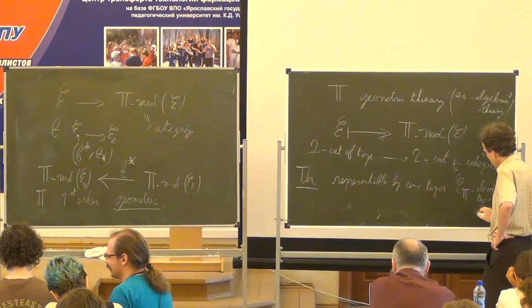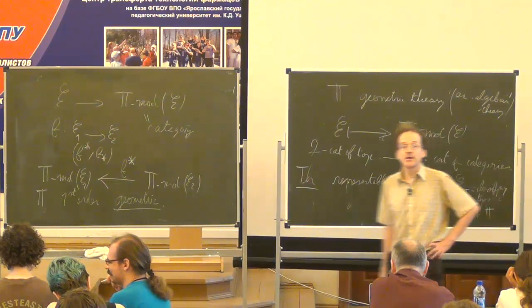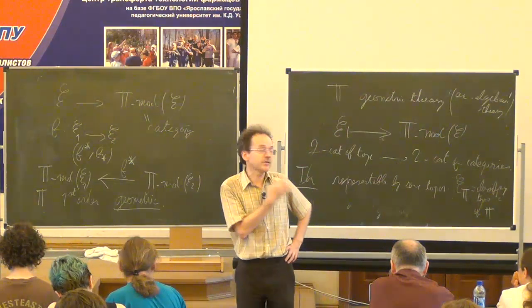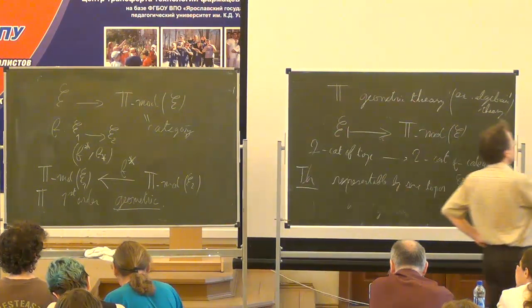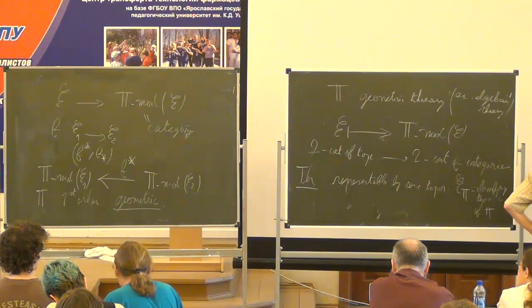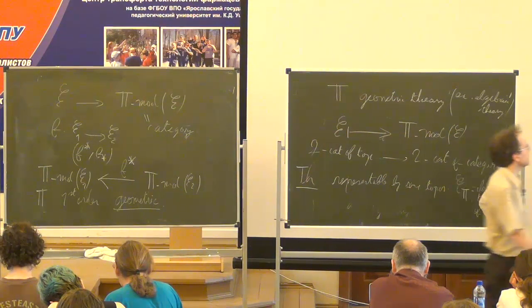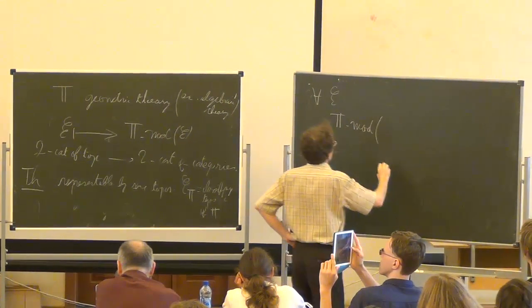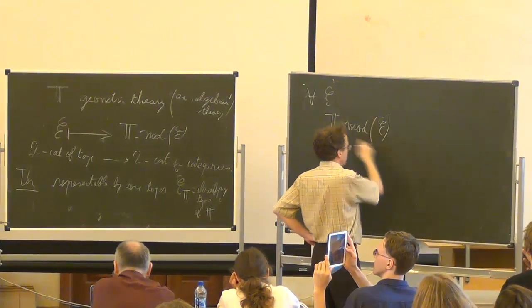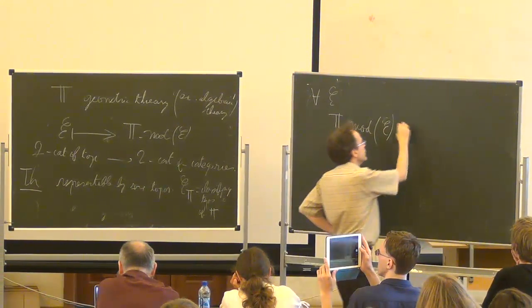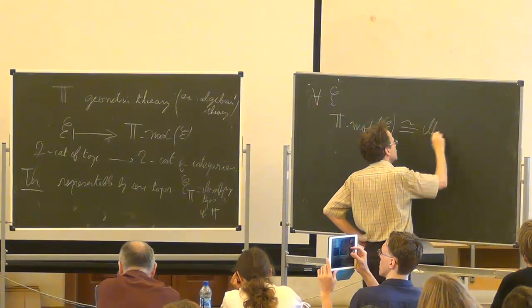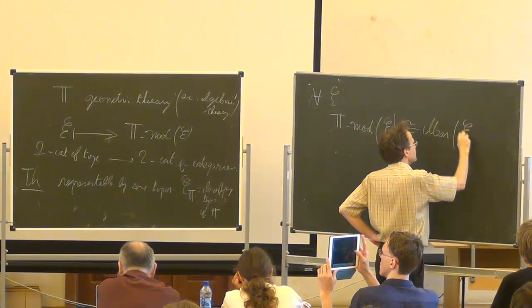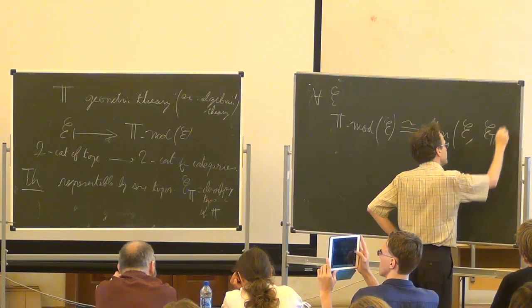So the property which defines this functor is the following: for any topos E, the category of T models with coefficients in E is equivalent to the category of morphisms from the topos E to the classifying topos.